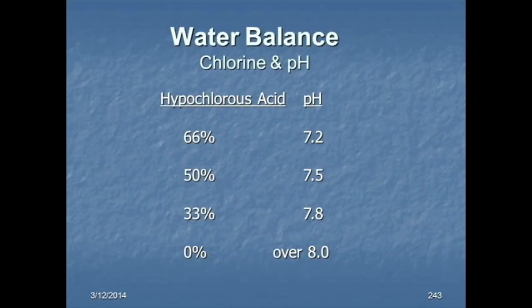It's all dependent on the pH what kind of chlorine is going to be formed. If we look at the charts, the tables, if you have a pH in that bathtub of 7.2, a 7.2 pH will mean that 66% of that gallon of bleach that you dumped into your bathtub is going to be in the form of hypochlorous acid, the aggressive form of chlorine.